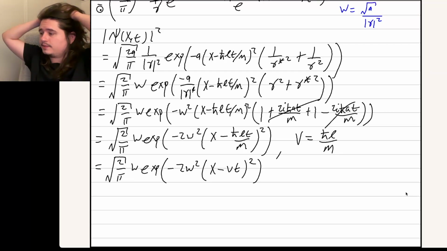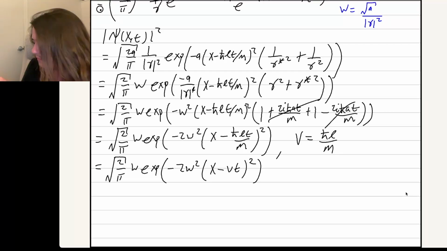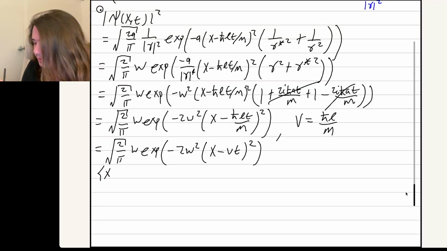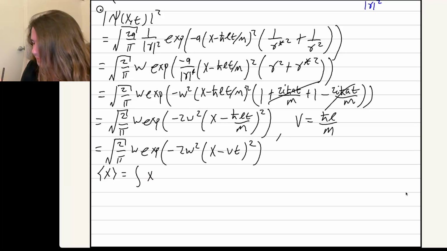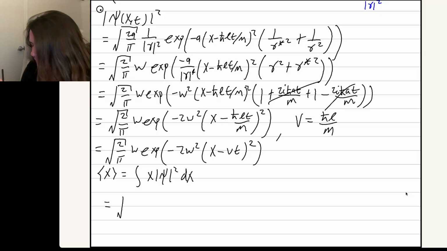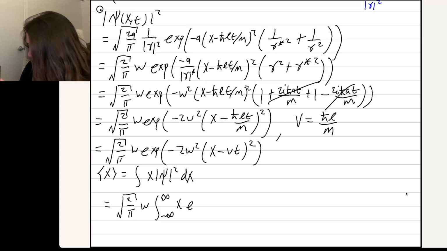Now we need to get the expectation values. So the expectation value of x is going to be the integral of x mod squared psi dx. So it's square root 2 over pi w integral from minus infinity to infinity x e to the minus 2 w squared x minus vt all squared dx.